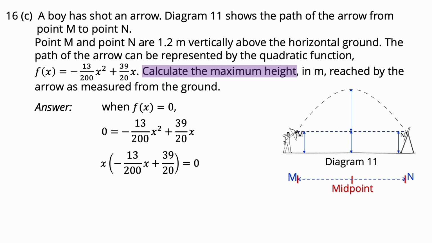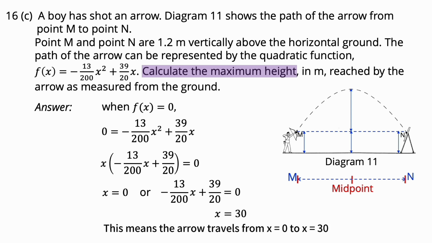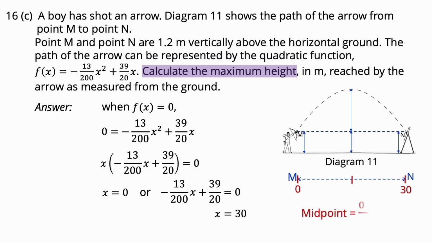So, one root is x equals 0 and the other root is x equals 30. This means the arrow travels from x equals 0 to x equals 30. The maximum height occurs at the midpoint. Midpoint equals 0 plus 30, then divided by 2, equals 15.